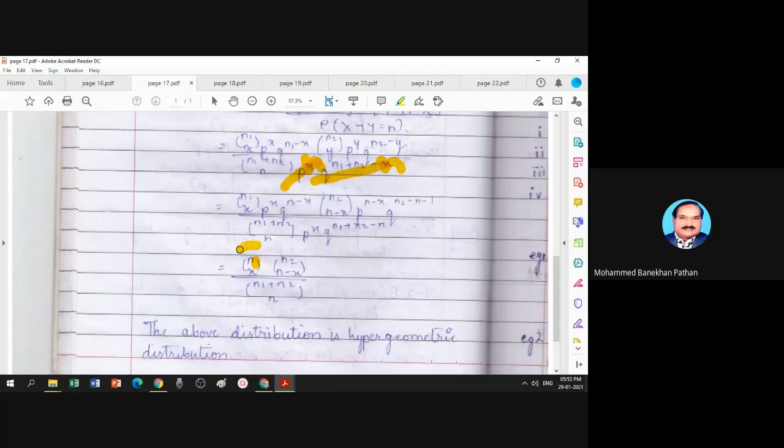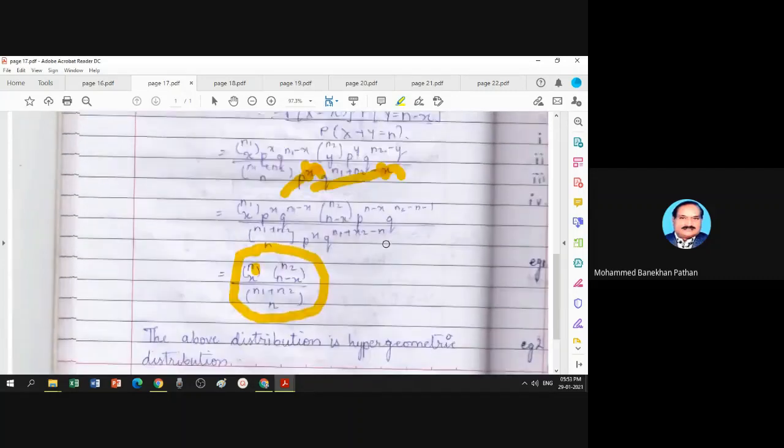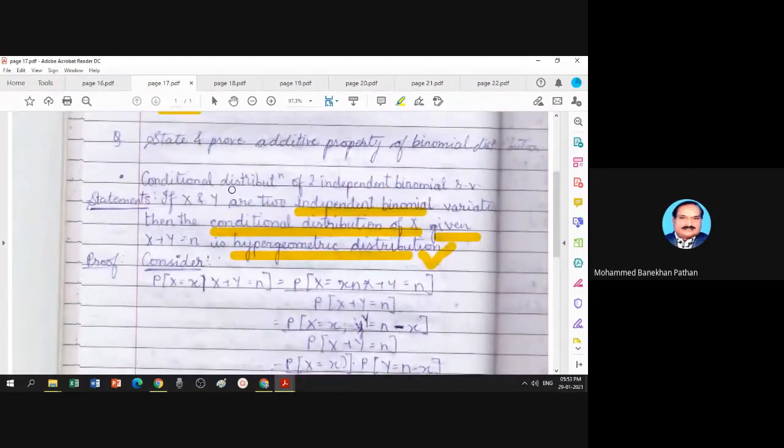This is my final answer, which is called the hypergeometric distribution. So what this theory says is that the conditional of binomial distribution follows the hypergeometric distribution. That means X is a binomial, Y is a binomial, X given X plus Y is a hypergeometric.